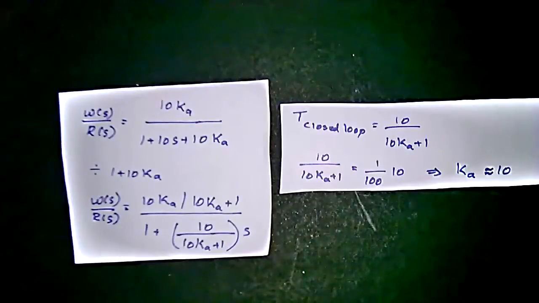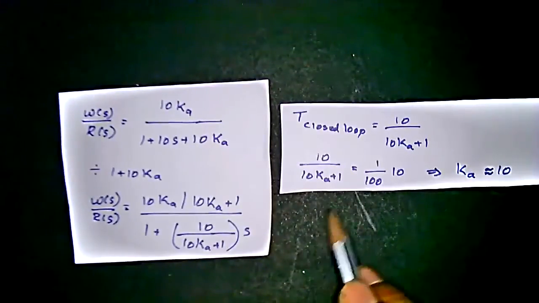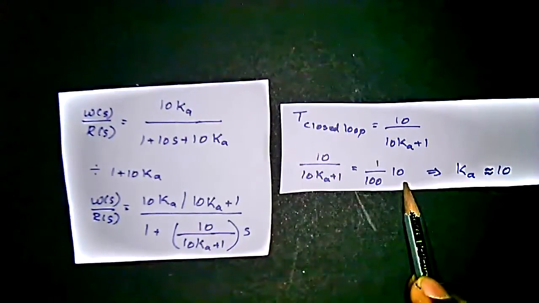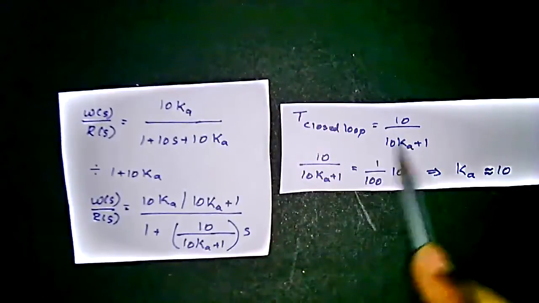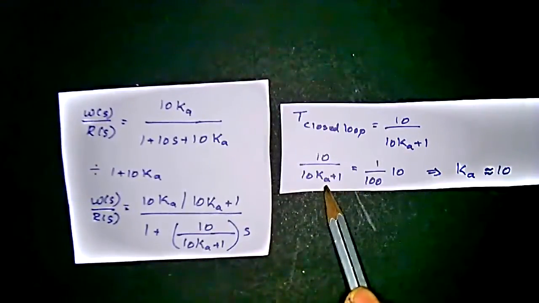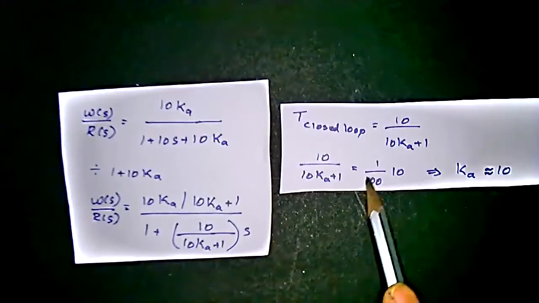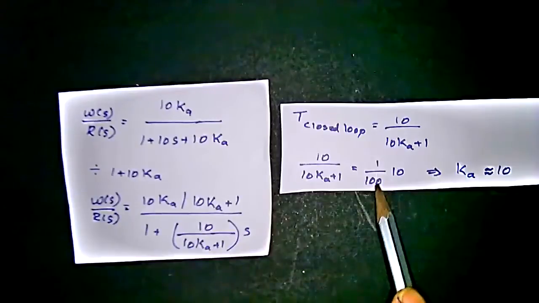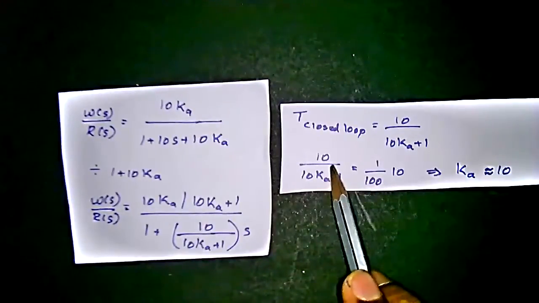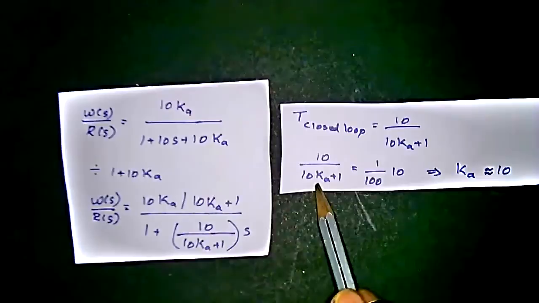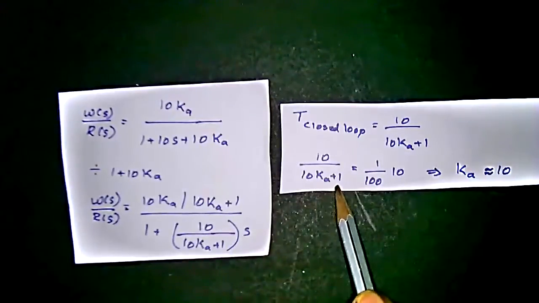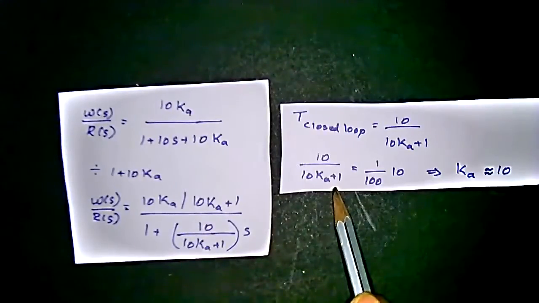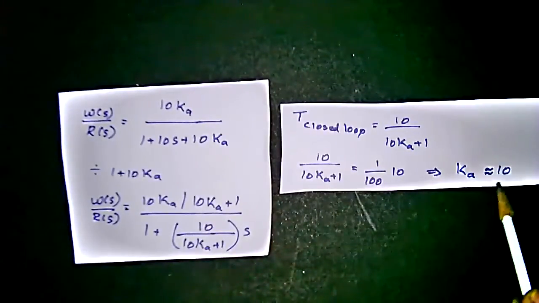So T closed loop = 1/100 × T open loop. T closed loop is 10/(10Ka+1) = 1/100 × T open loop, and the T open loop value is 10, so we get 1/10 here. Then 100 = 10Ka+1, which means 10Ka = 99, Ka = 9.9. We can say Ka is approximately 10.